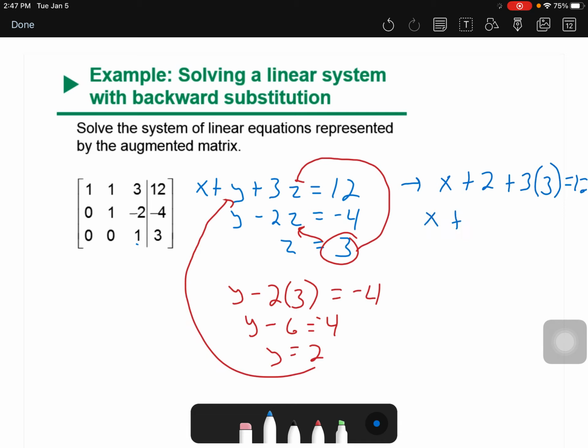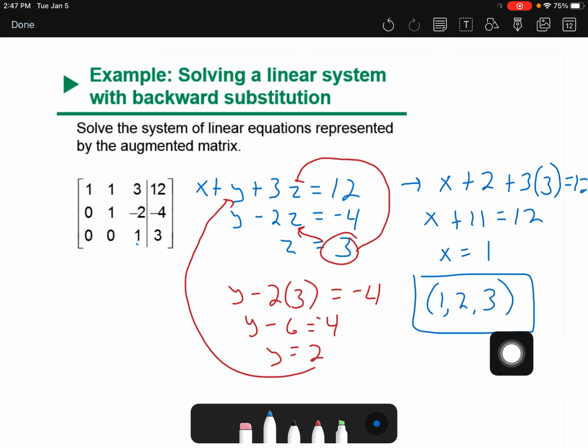So that's x plus, and then 2 plus 9 would be 11 equals 12. Then x would equal 1 if I solve that. So as it turns out, x equals 1, y equals 2, and z equals 3. I'd write my answer as what they call an ordered triple: (1, 2, 3).